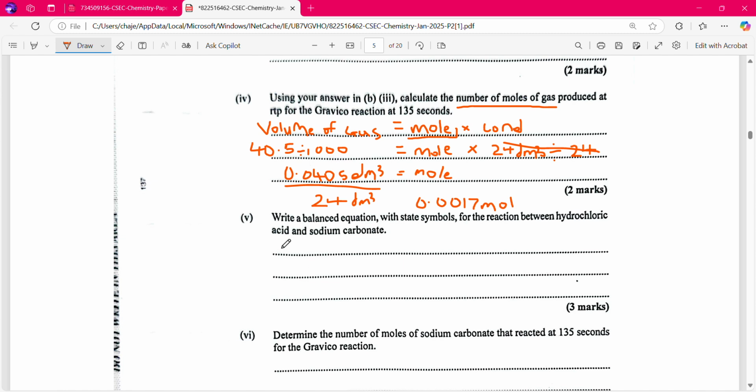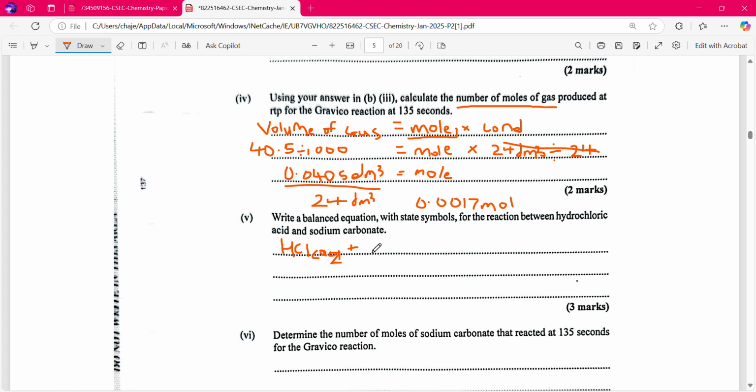So HCl, what's the state symbol for HCl? Okay. Yes, and we have plus.